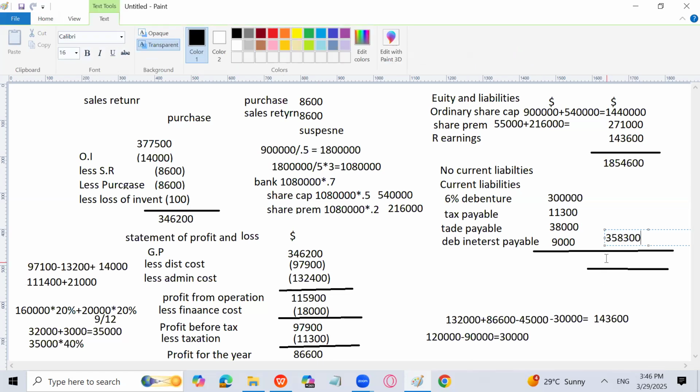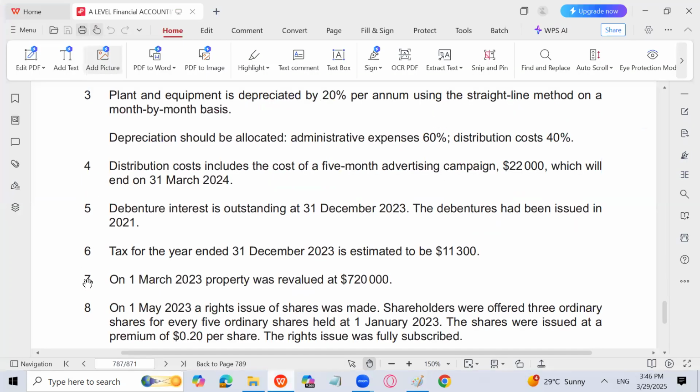358,300, and the total equity and liabilities will become 2,212,900. So this is the answer for total equity and liabilities. So this is how we are done with this question. We could have gone for the current assets also, or assets also. How come?